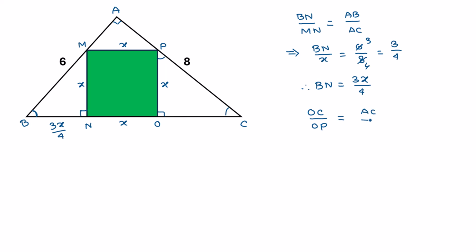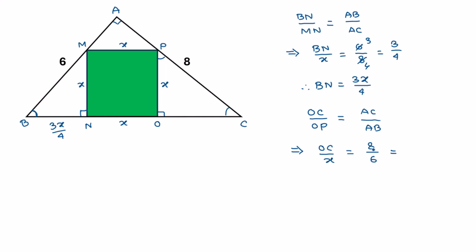So OC divided by OP, this is x, is equal to AC, this AC is 8 unit, so 8 divided by AB, this AB is 6 unit.